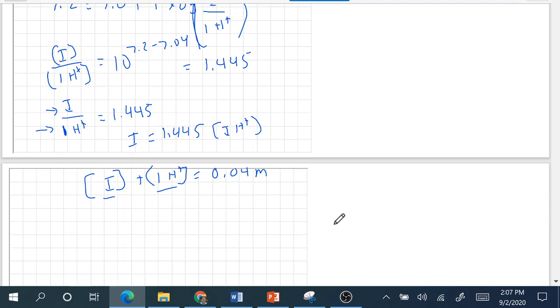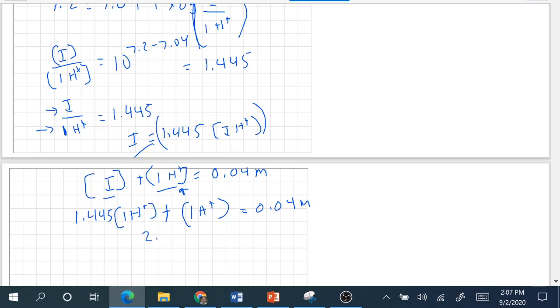So we can plug this I back in here. We get 1.445 IH plus plus IH plus is equal to 0.04 molar.